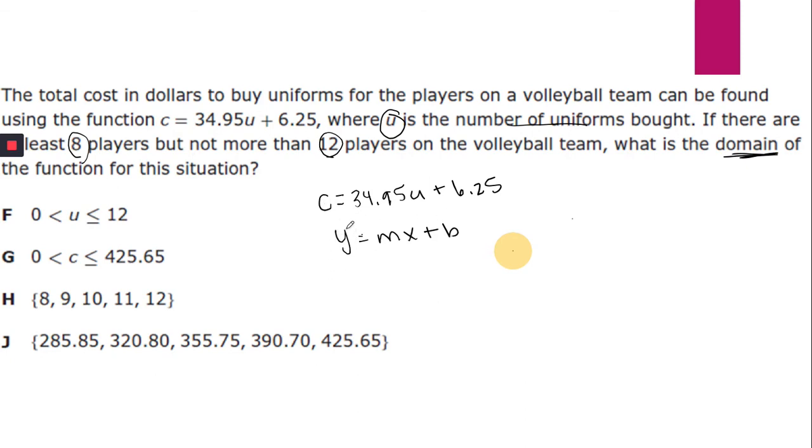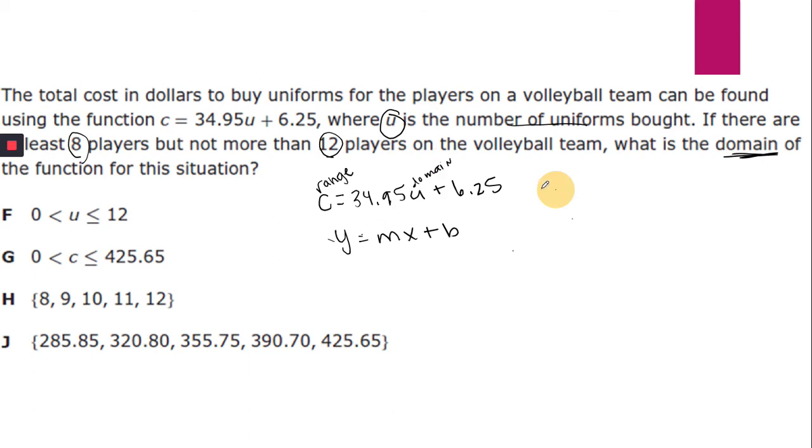So C is in place of Y, meaning C represents the range. And C in this scenario is the cost of the uniforms. The total cost is represented by this equation. So the cost of the uniform is my range. U is the domain. That's my X values. U is being replaced with the X. And the domain is talking about the number of uniforms bought.